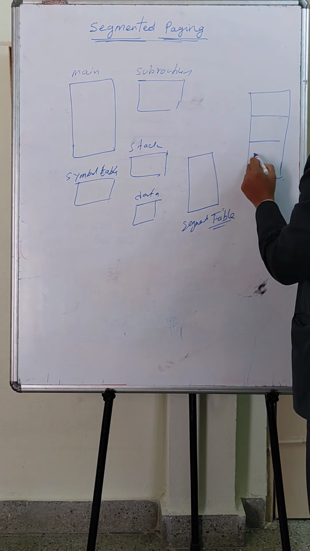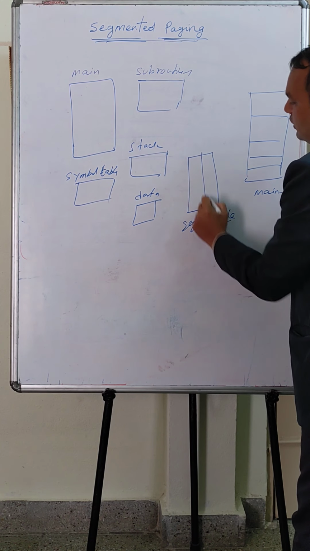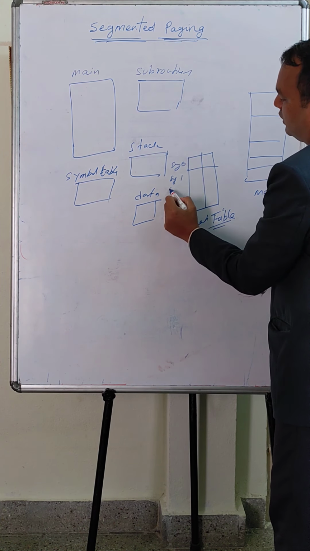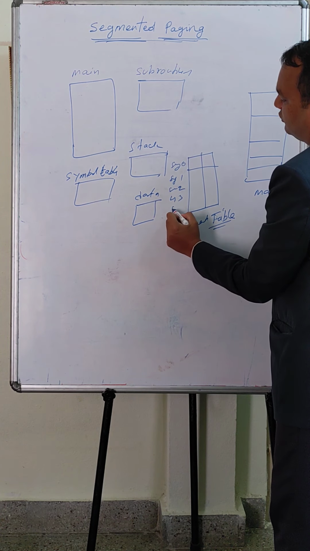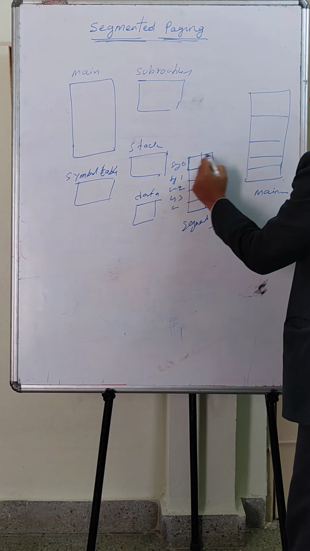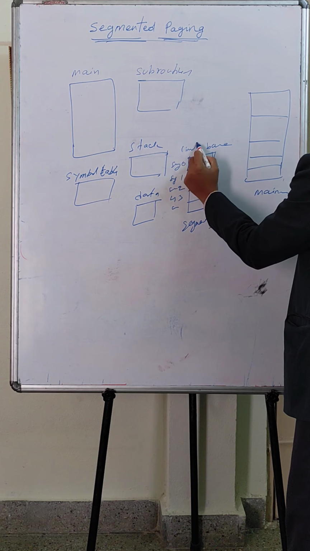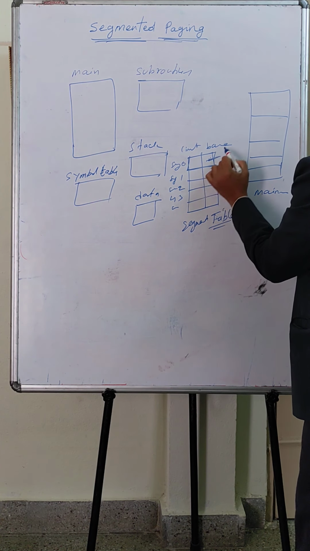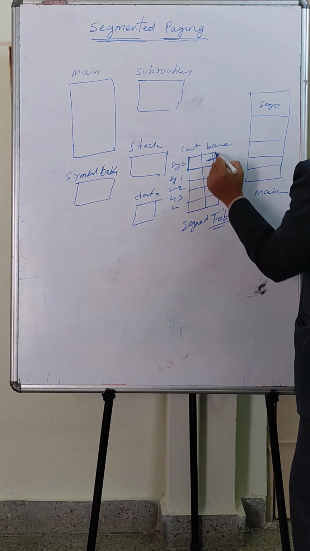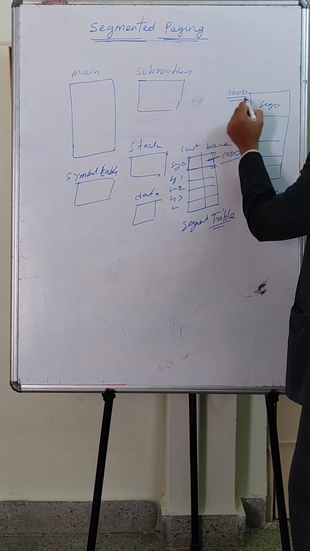As in the previous video, this is main memory. So segment 0, segment 1, segment 2, segment 3, segment 4. Each segment is stored; this is base, this is limit. Suppose segment 0 is stored with base at location 1000.